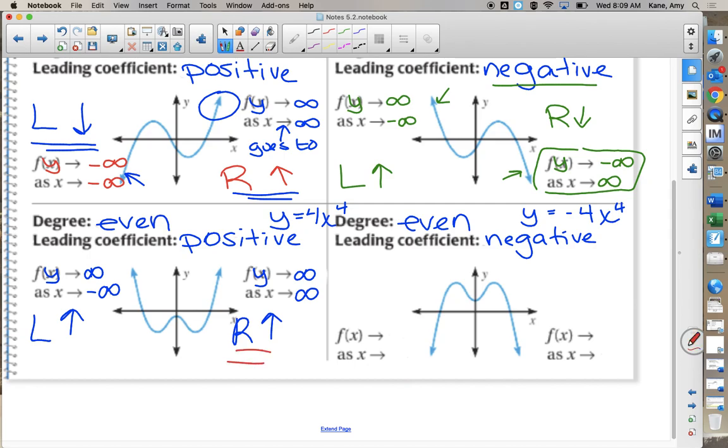So end behavior is describing the two sides of the graph, thinking of it as a left and a right side. What's happening with the left and the right side? Then the last option here, if it's a negative coefficient, instead of it going up, it's flipping and going down. So the y goes to negative infinity on the left side, and it also goes to negative infinity on the right side.